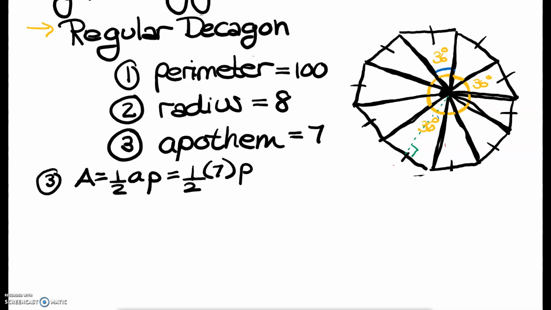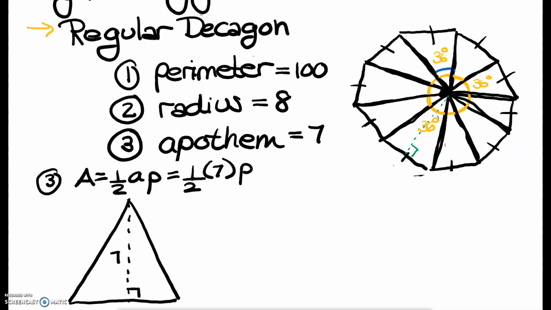I don't know what P is, so I'm going to draw my triangle again and drop my apothem down. I know my apothem is 7, and I need this side here. Remember, when I drop down an altitude of an isosceles triangle, it splits the base in half.